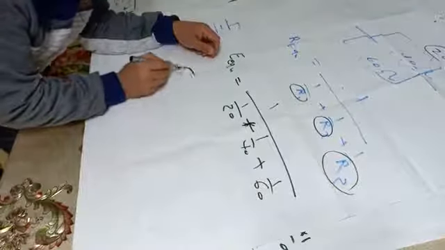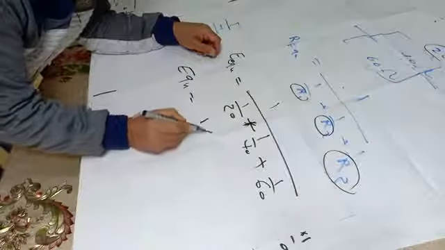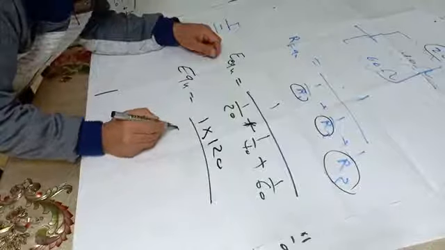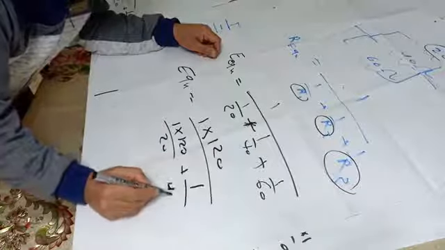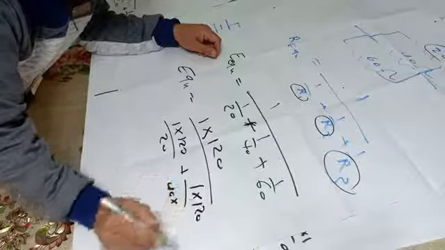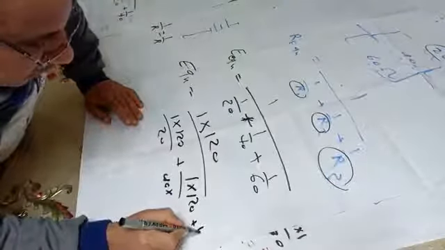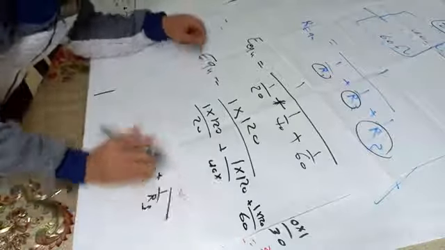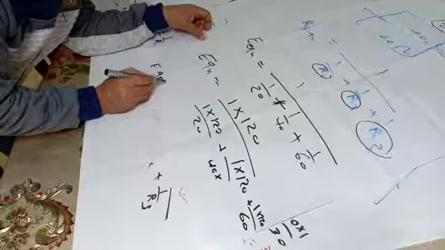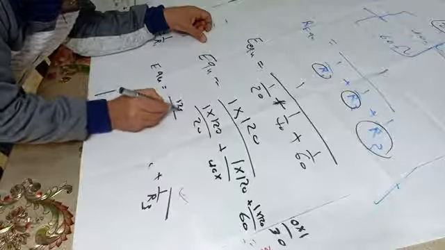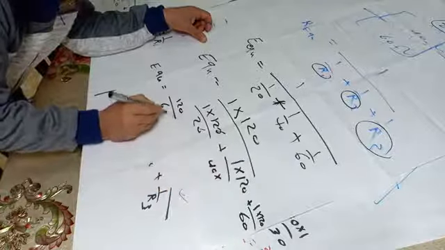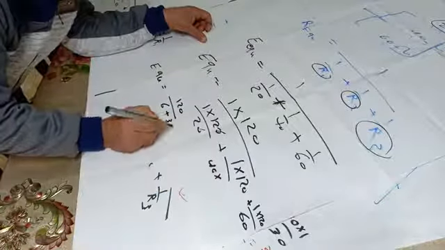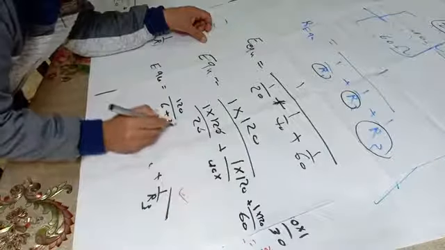Equivalent equals 120 over 1 times 120 over 20, plus 1 over 40 times 120, plus 120 over 60. 120 over 20 equals 6, 120 over 40 equals 3, 120 over 60 equals 2.